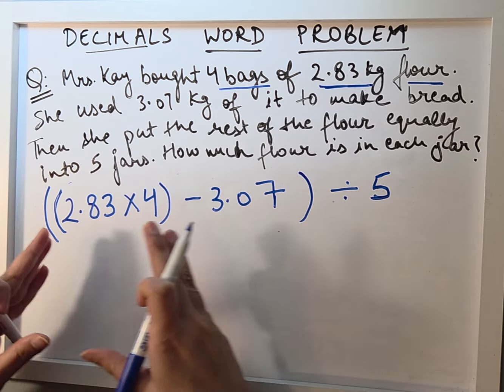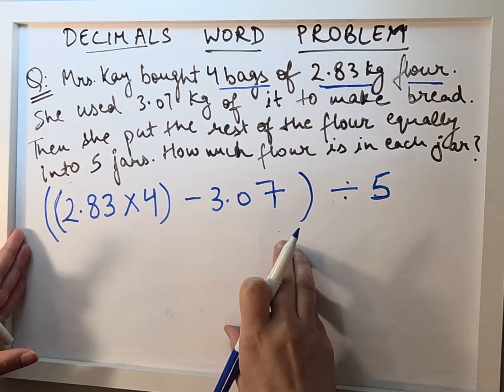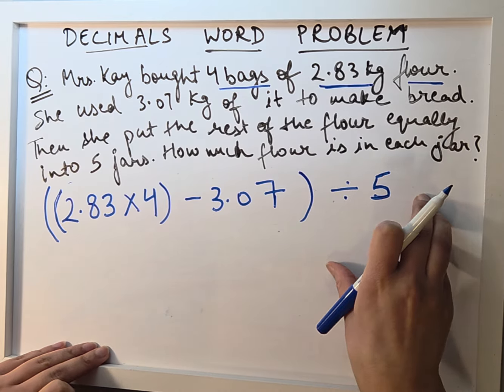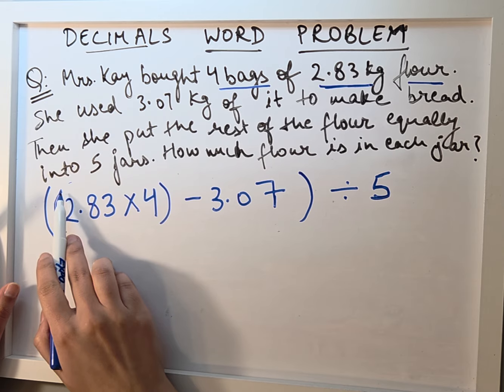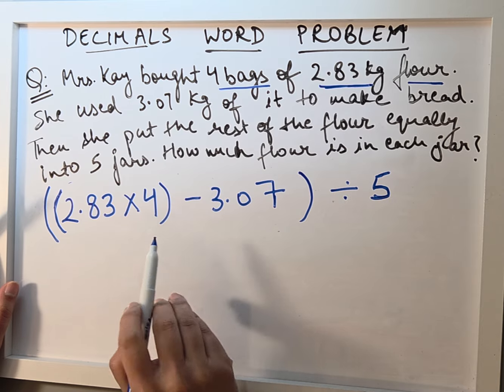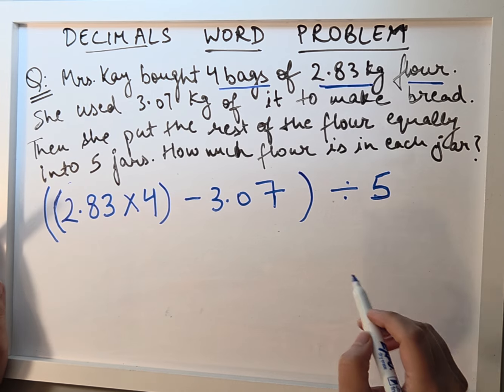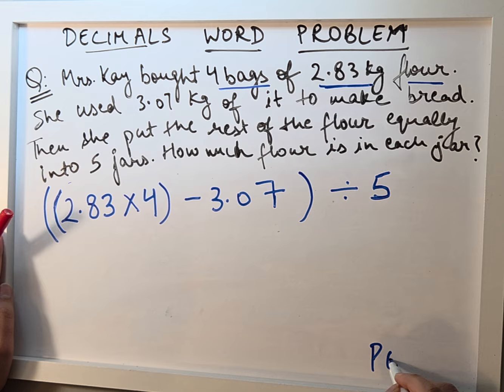Then what is left is one value and we divide that into 5 jars. Okay. So now we solve the inner parenthesis. What are we using? PEMDAS. Okay. PEMDAS. Okay. So parentheses, exponents, division, multiplication, addition, and subtraction.